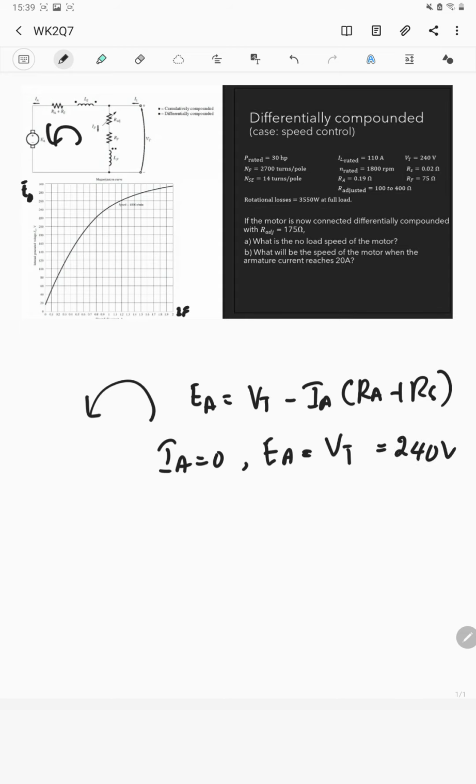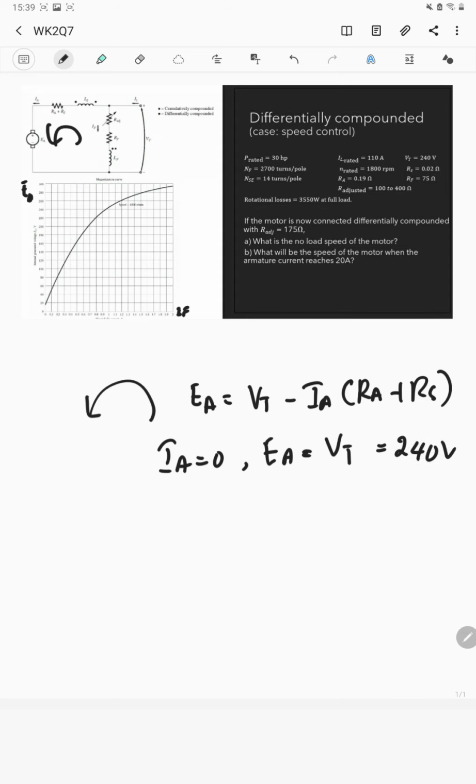The field current is VT divided by R adjusted plus RF. VT is 240 divided by 75 ohms, which is the field resistor, plus R adjusted 175, which gives you 240 over 250, so you get 0.96 ampere.